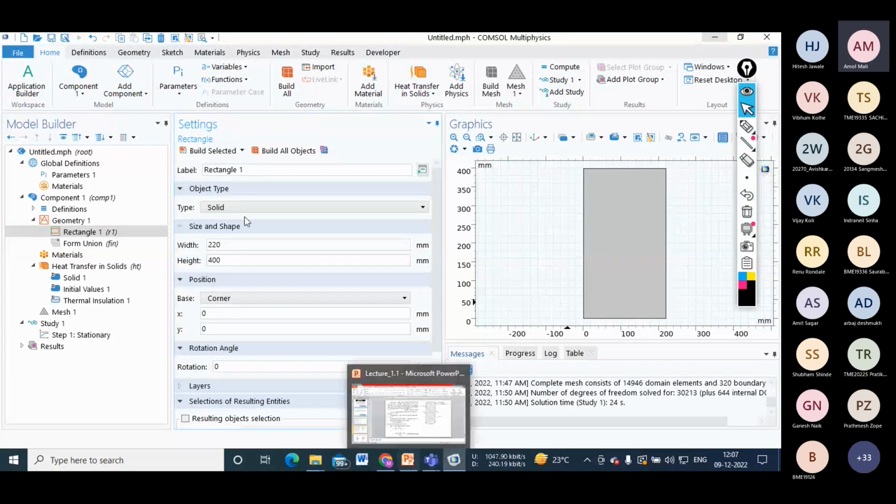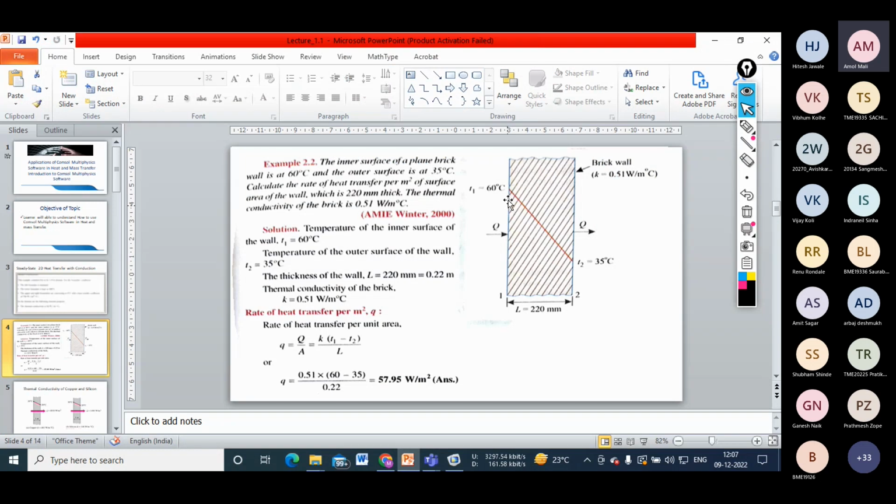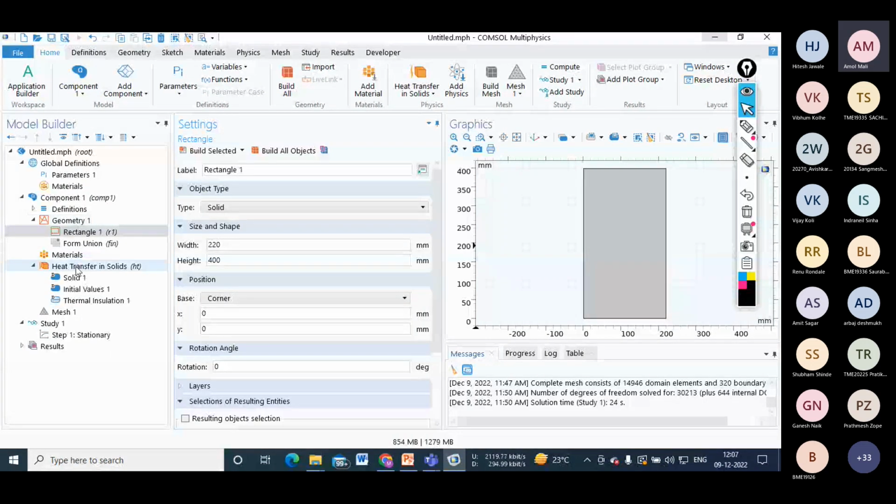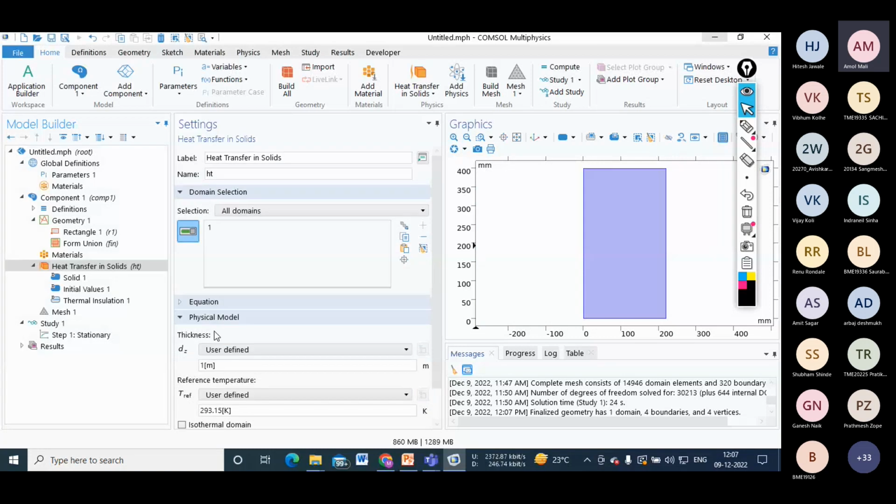Okay, now next to that, how much is the temperature at this left hand side? 60 degree, and at the right hand side how much is the temperature, can anyone? Right hand side, how much is the temperature? 35 degrees centigrade. Okay, so here I will move towards the physics, that is heat transfer physics, and before this you can provide the material properties also.